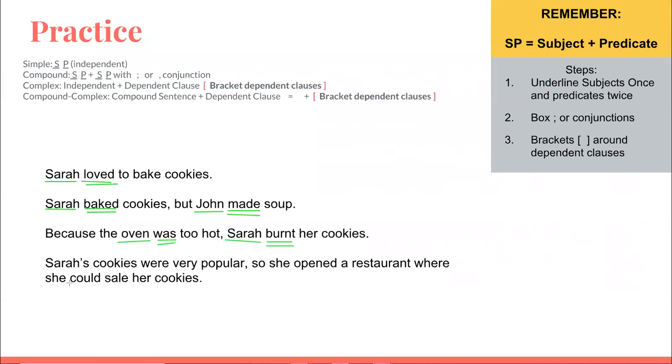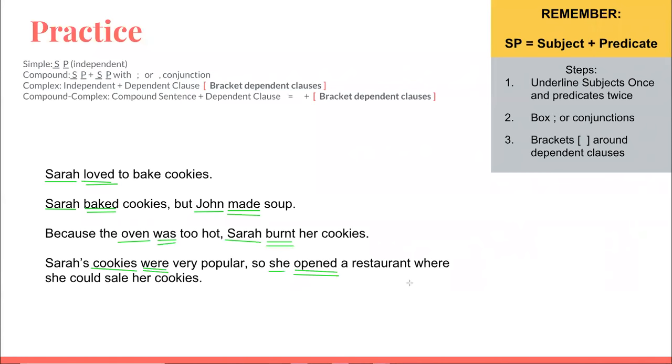And then we have Sarah's cookies were very popular. So were is a linking verb, so it's underlined twice. What were popular? That is cookies. So she opened a restaurant where she could sell her cookies. Opened is another predicate. Underline that twice. She is our subject.